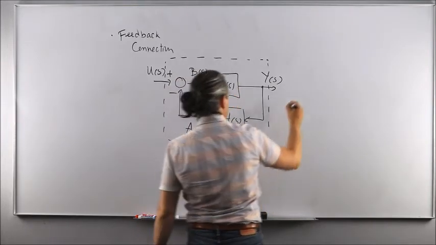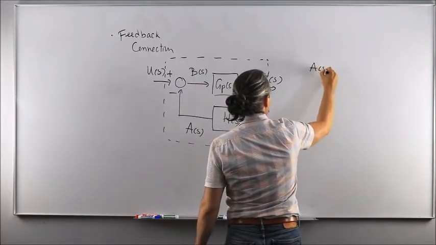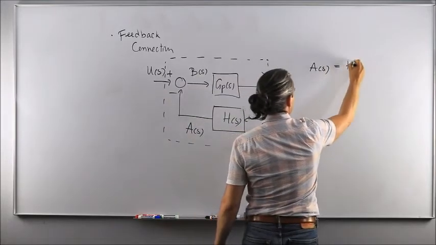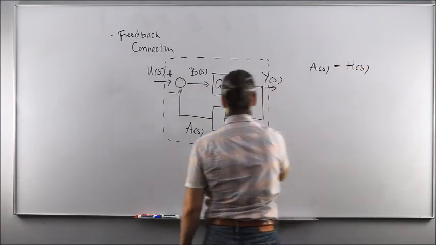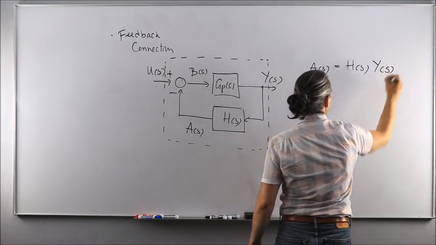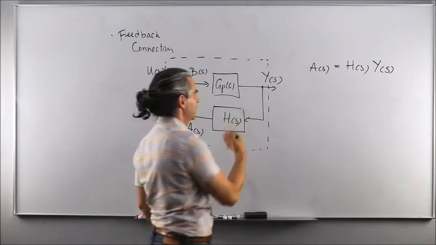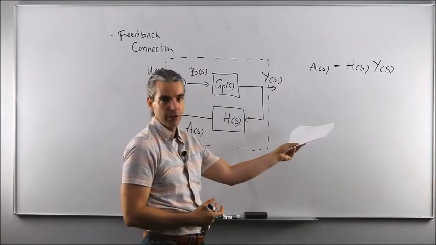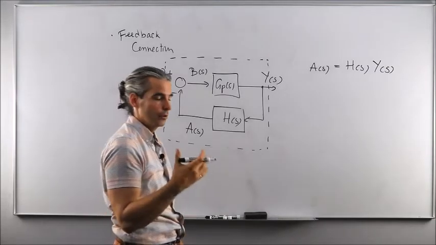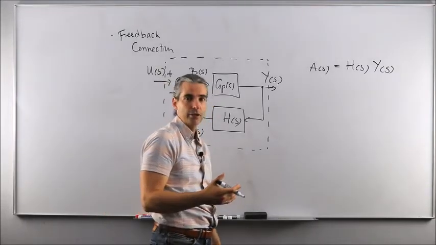Well, you could say that A of S, the output of this, is obtained through the transfer function H of S that multiplies Y of S. Okay, I'm just reading the diagram and turning this diagram into equations. And this is a skill that you need to master to handle most situations we will encounter in Chapter 5.